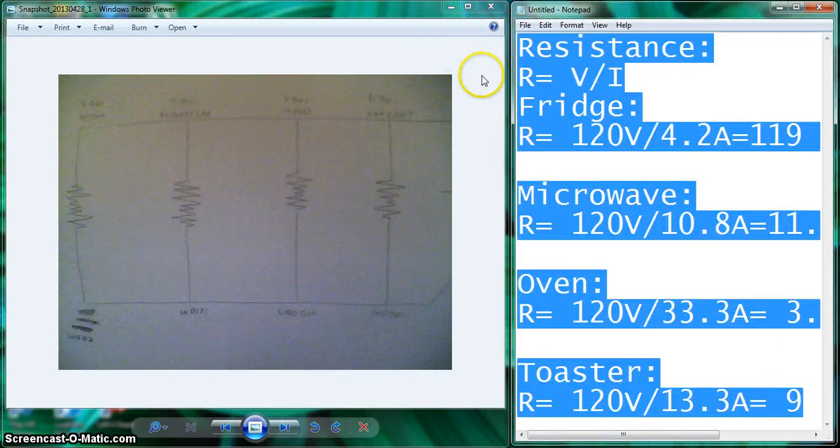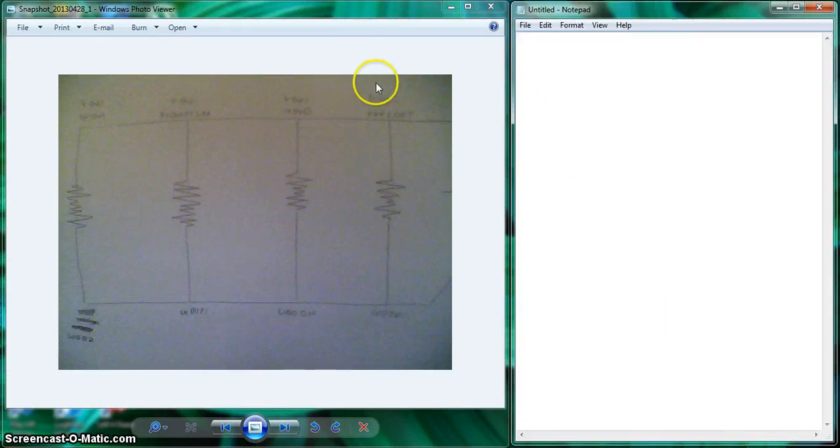Now, one more equation that you can do is converting watts into kilowatts.